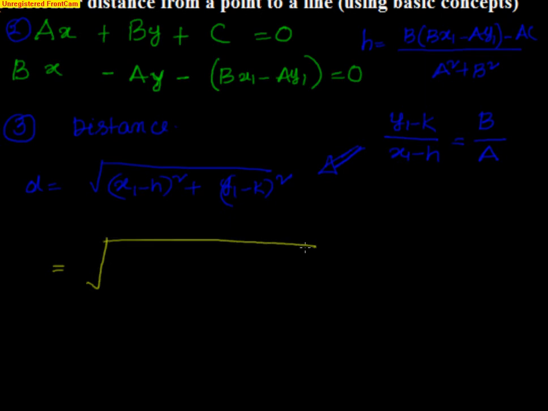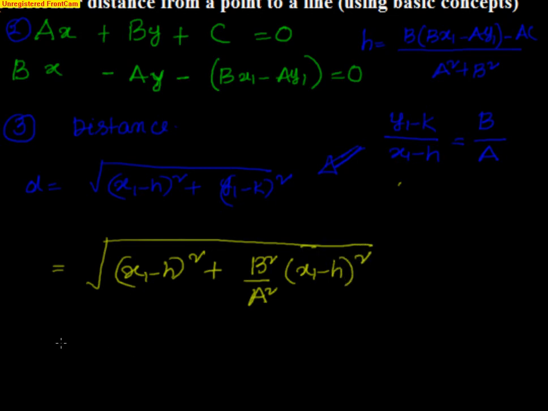So what does this become now? X1 minus h whole square plus y1 minus k, which gives y1 minus k equal to b square by a square into x1 minus h whole square. Instead of y1 minus k, I have written b into x1 minus h by a.